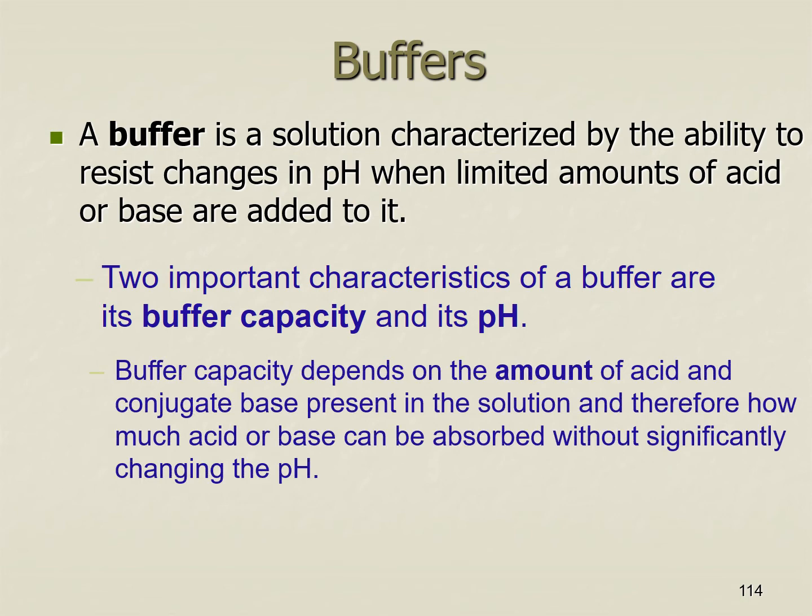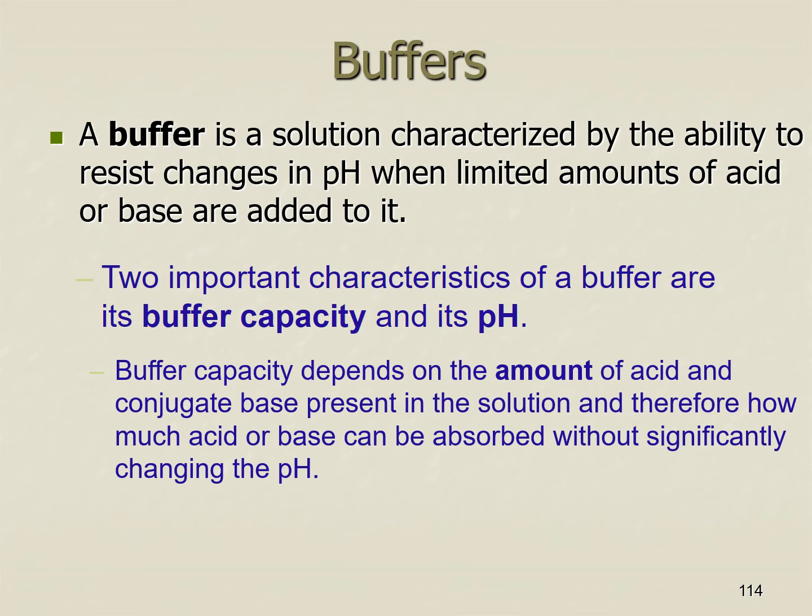So the buffer capacity just is how much acid or base can it absorb before it ruins the buffer. So there's limited amounts because there's only so much chemical in the buffer. You could put too much acid or base and it'll ruin the buffer. So it's not perfectly good forever.